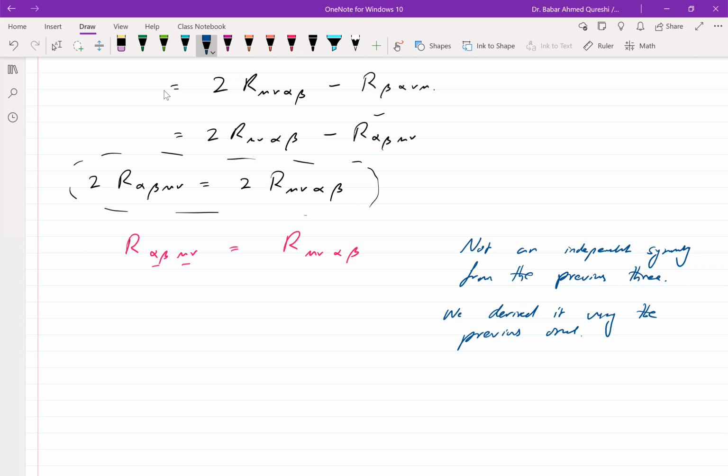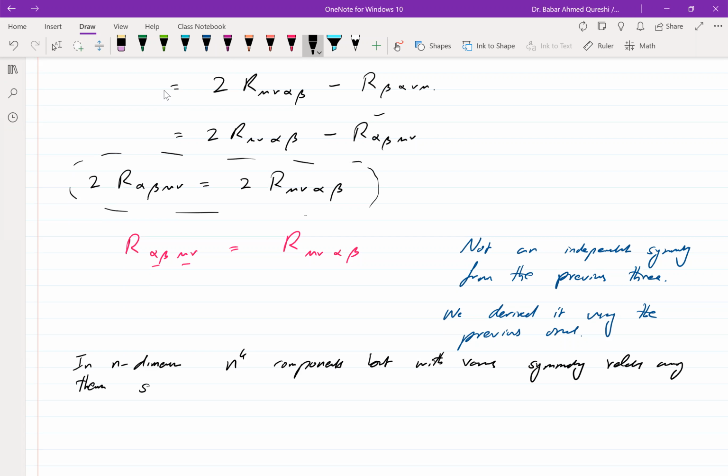They are related to each other. In other words, in n dimensions, we have n to the 4 components, but with various symmetry relations among them. So they are not all independent.